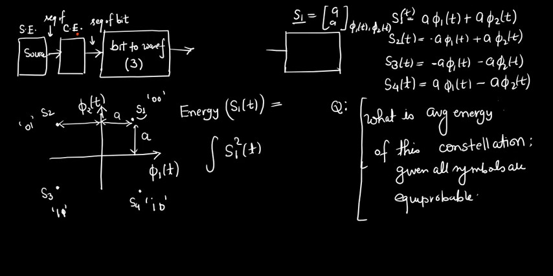Not infinity, you have to write the time duration over which you are communicating, right, because these waveforms are present only between 0 to T, correct? Yes or no? Right. So if you solve it, what would be the value? All of you please solve it.